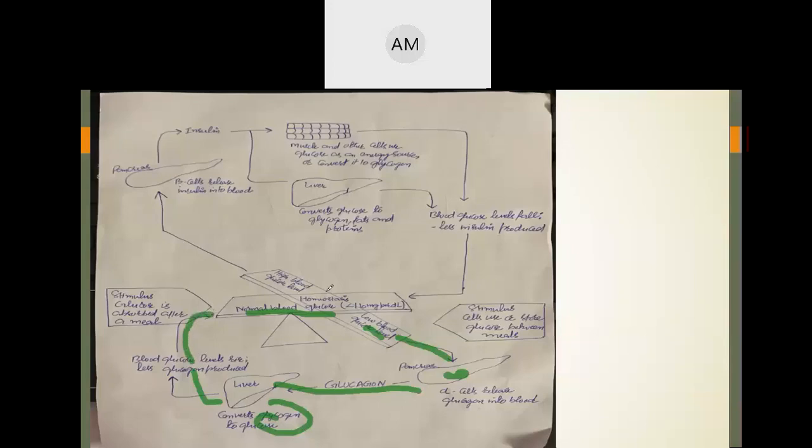The second case is when the body has high blood glucose levels. This was for the low blood glucose level, and this one is for high. What happens when there is high blood glucose level? The same signal is sent to the pancreas, but this time the beta cells get activated and start releasing insulin into the blood.